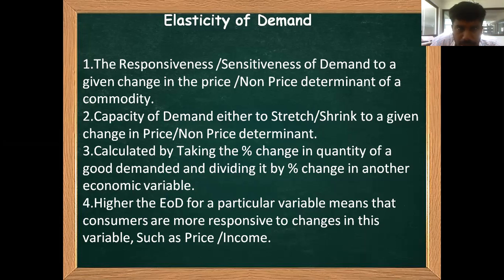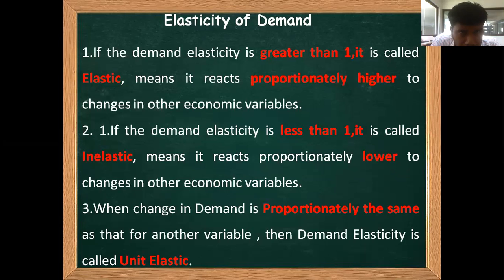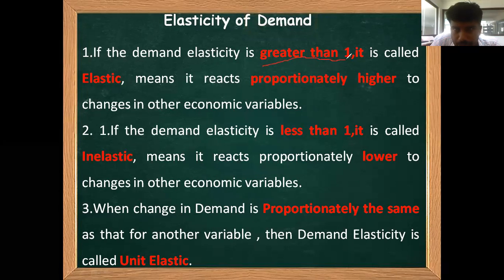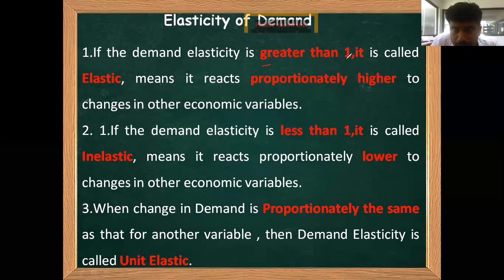The elasticity of demand is going to vary with these things, price and income. Next we come to this. Understand here, if the demand elasticity is greater than 1, then it is called elastic.